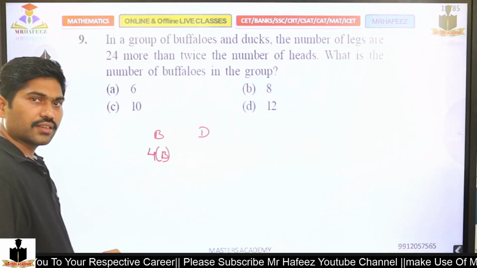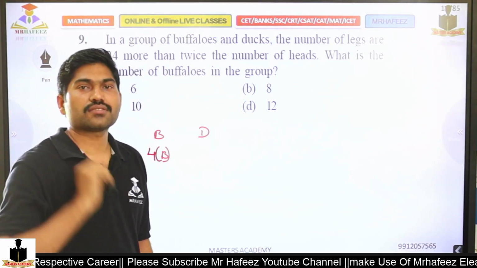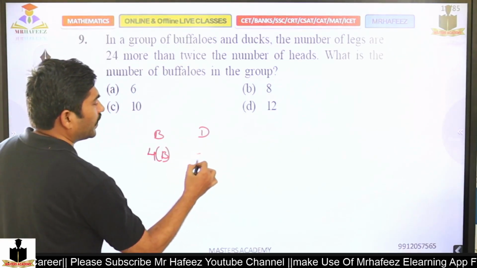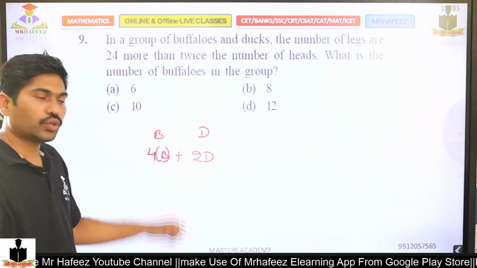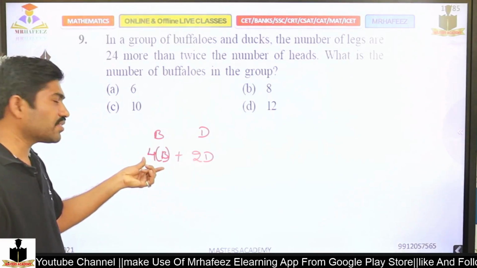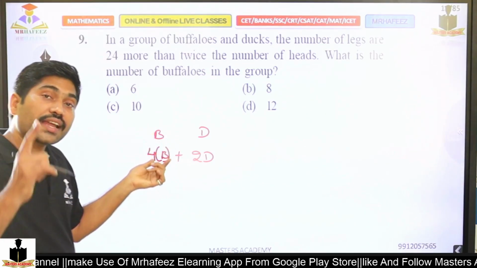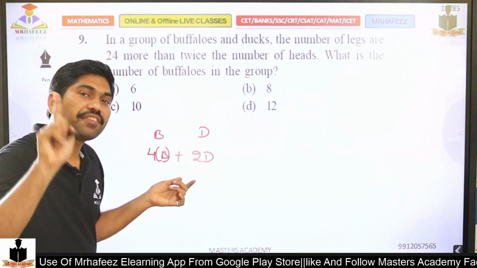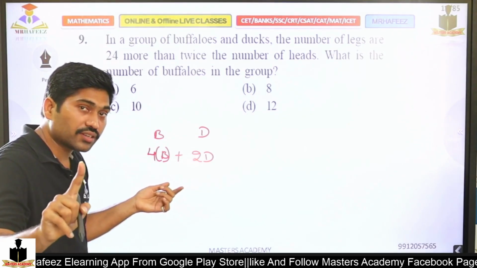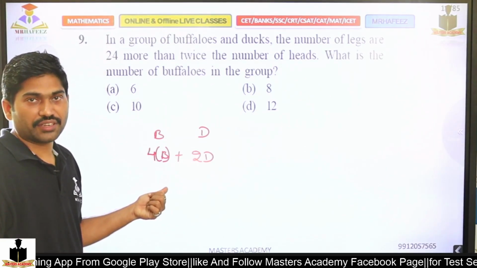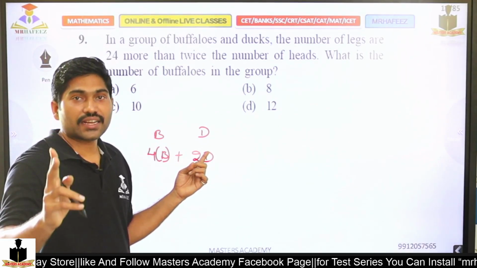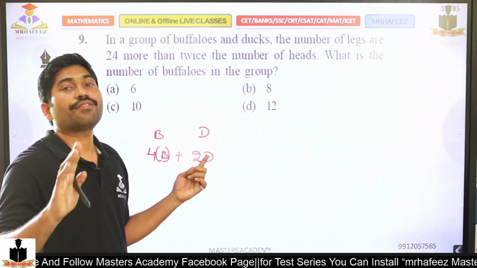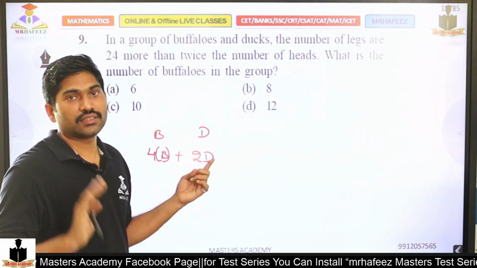Reason is the buffalo consists of 4 legs, a duck consists of 2 legs. So 4 times the number of buffaloes equals the number of legs of buffaloes. And for ducks, 2 times the number of ducks equals the number of duck legs.